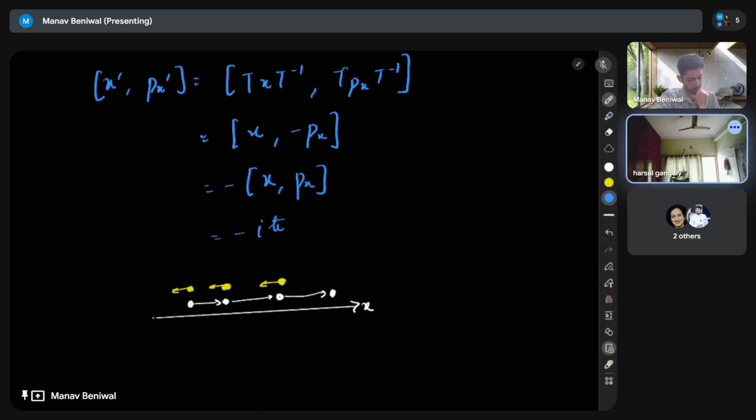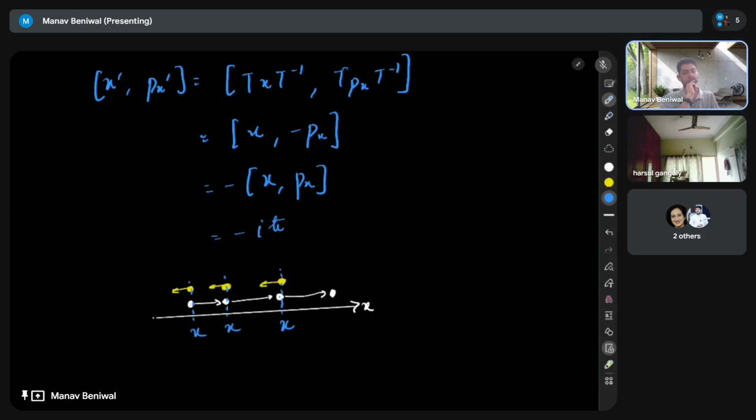So from this you see that your x value does not change. Upon reversing the time, your position is the same, so x0, x1, x2 remain exactly the same. However, your momentum gets a minus sign.